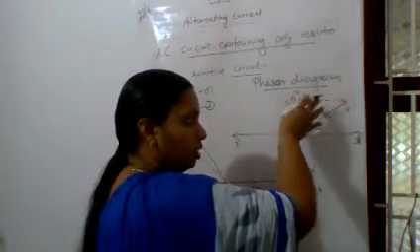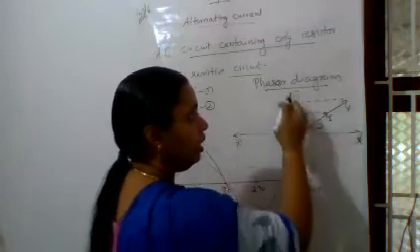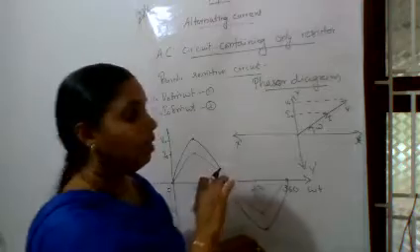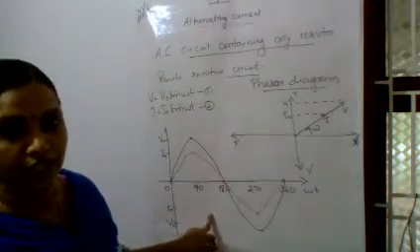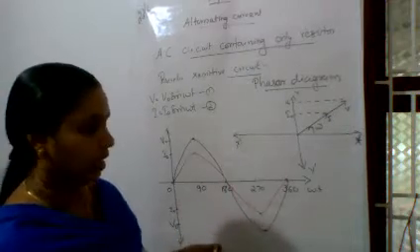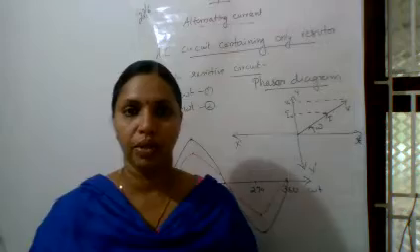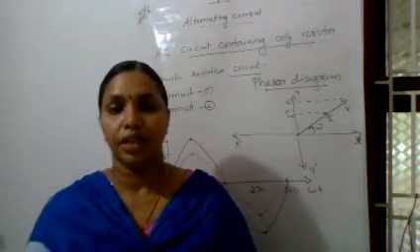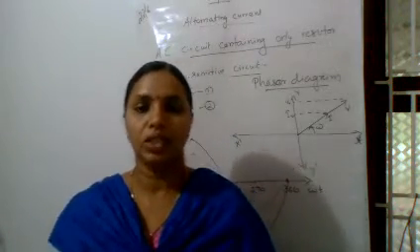Both rotate together with the angular velocity omega, and this is known as the phasor diagram of a purely resistive circuit, the graphical representation of the variation of voltage and current in a purely resistive circuit. The phasor diagram is the vector representation of the voltage and current.